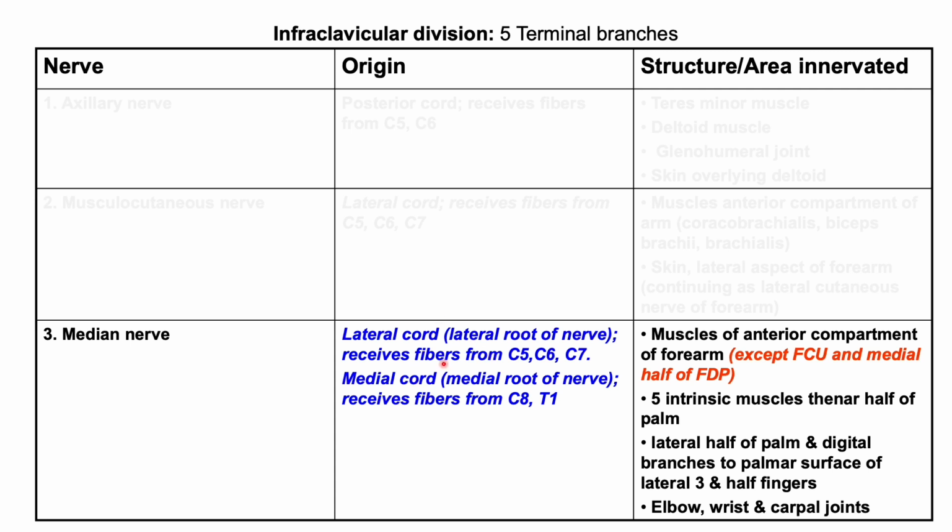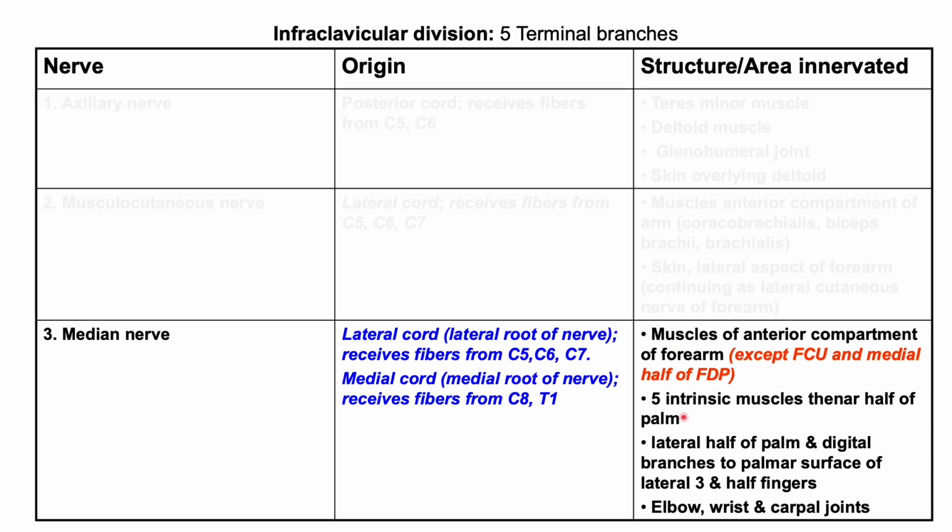These two roots join to form the median nerve. So these are the root values of the median nerve, since the contribution is from both the lateral and medial cords. It receives fibers from C5 to T1.